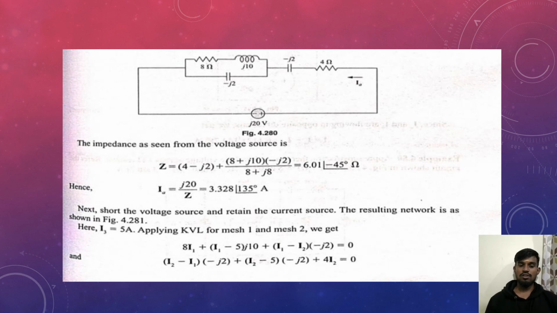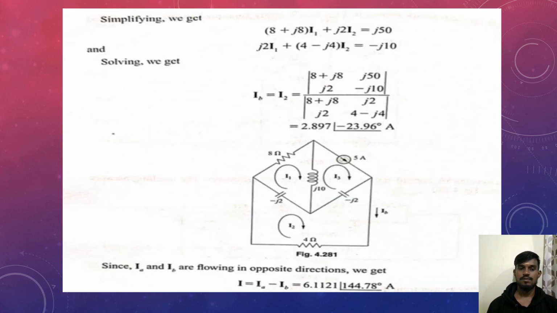Next, short the voltage source and retain the current source. The resulting network is as shown in figure 4.289. Here I3 is equal to 5 ampere. Applying KVL for mesh 1 and mesh 2, we get 8 I1 plus I1 minus 5 J10 plus I1 minus I2 into minus J2 is equal to I2 minus I1 into minus J2 plus I2 minus 5 into minus J2 plus 4 I2.